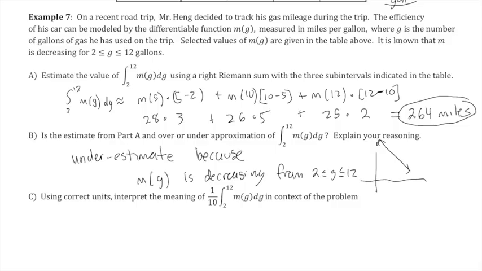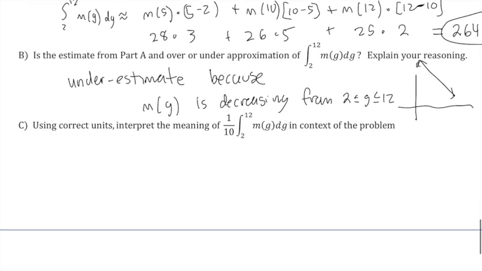Using correct units, interpret the meaning of this integral using the context of the problem. Let's look. This value right here is going to be in miles per gallon times gallons. And this 1 over 10 is going to be in gallons.